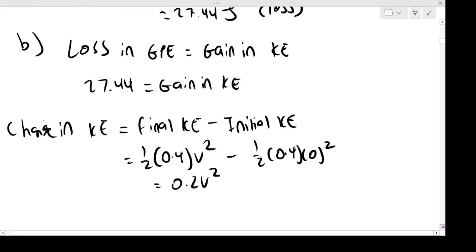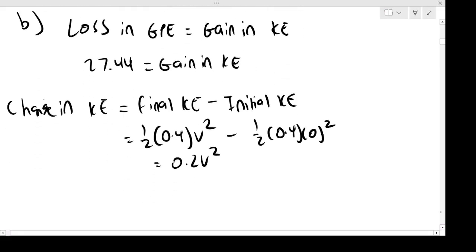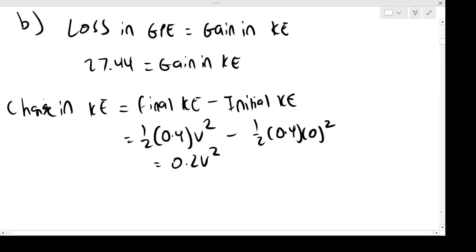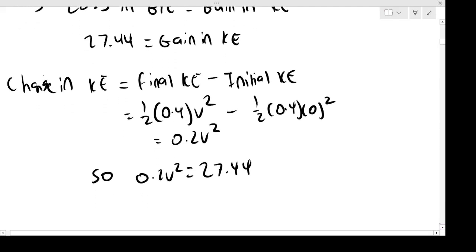And there we are. But we know that the gain in kinetic energy is 27.44, so 0.2 V squared has to match that. They're both the same thing. So very simply, I could just solve this for V. If I divide by 0.2, I get 137.2.